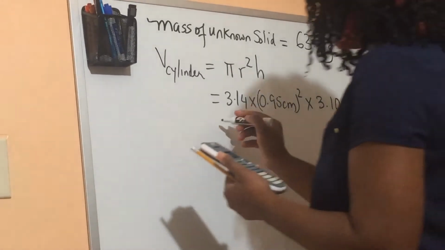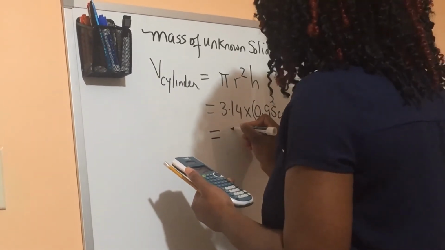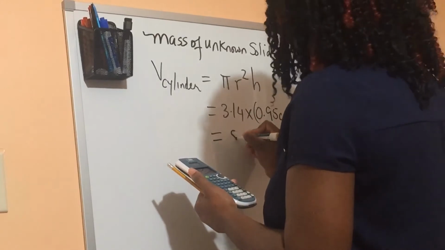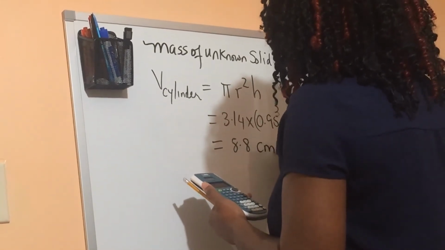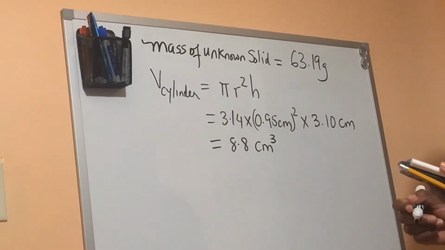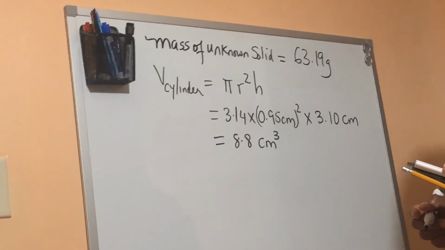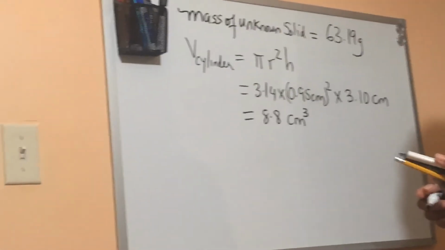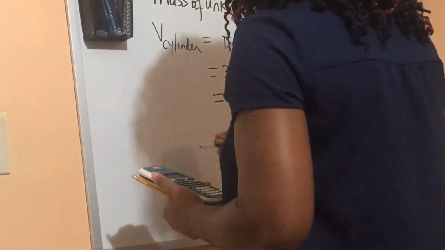So the volume of the cylinder is 8.8 cubic centimeter. Alright, so I have the mass and the volume of the cylinder. Now I need to calculate the density of the unknown solid.